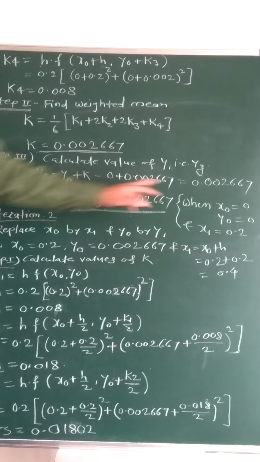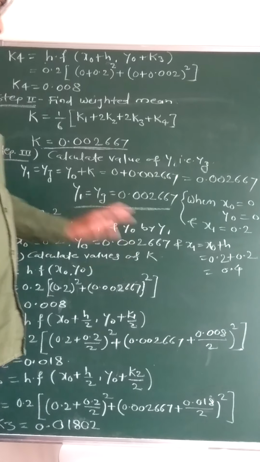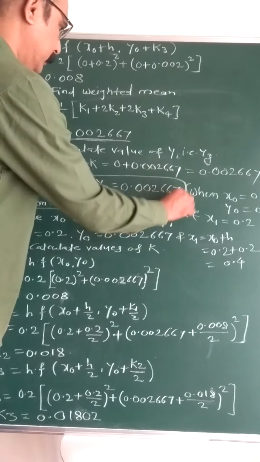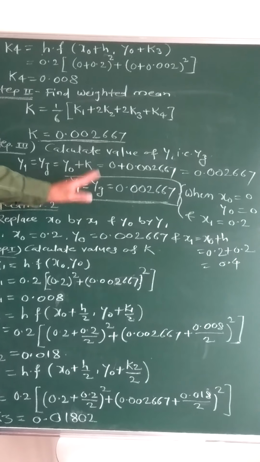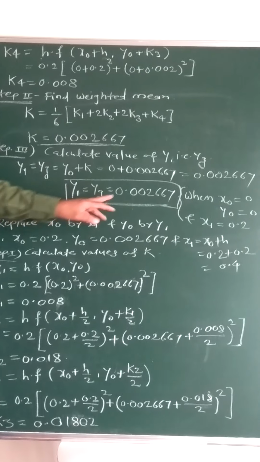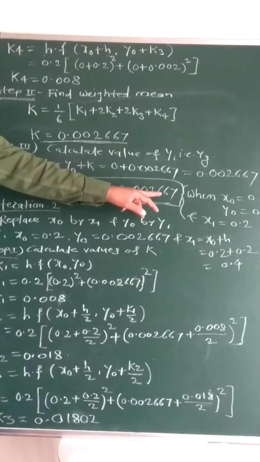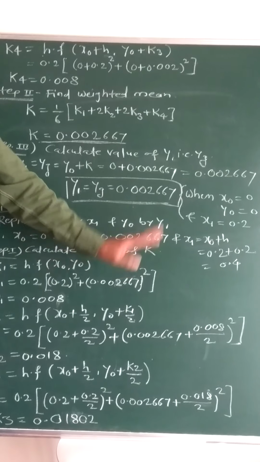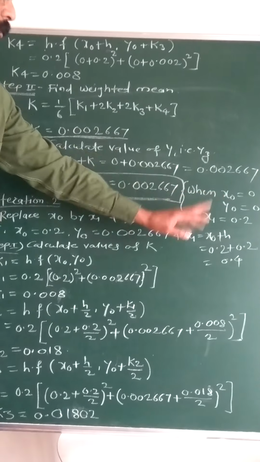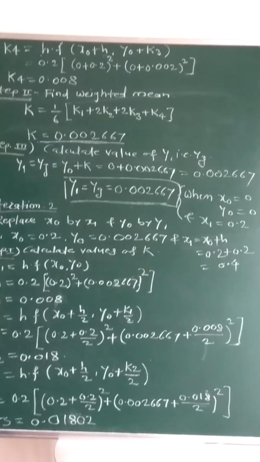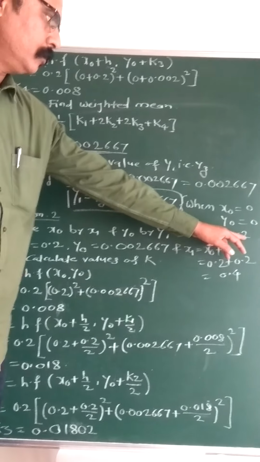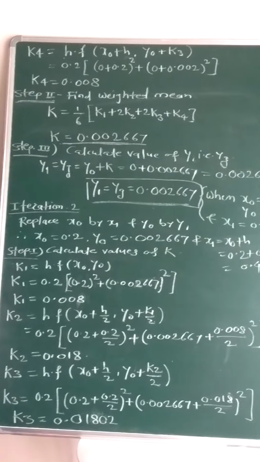Therefore y1 is equal to 0.00267. That is, after the first iteration the value of y1 is equal to 0.00267, when initially x0 is equal to 0, y0 is equal to 0 and x1 is equal to 0.2.